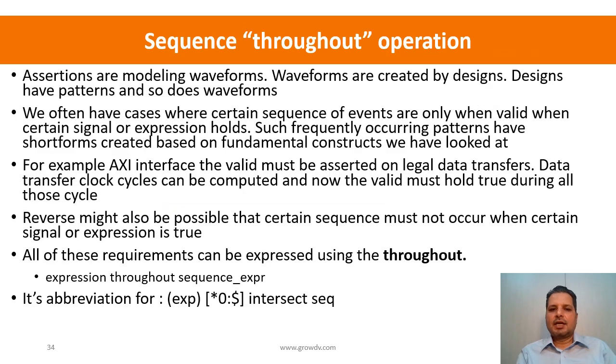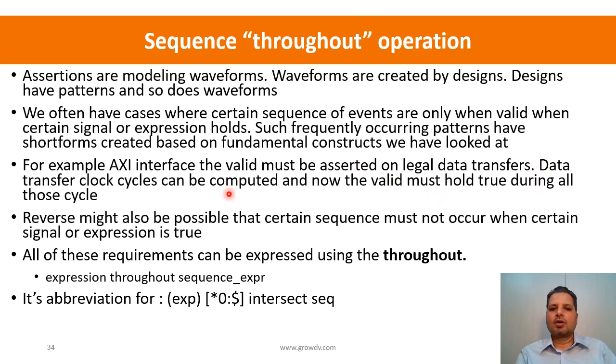We have seen that assertions are nothing but waveforms, and waveforms are created by your design, and various times the design has certain patterns that need to be checked. One such popular pattern is that a certain expression or sequence of events is valid only when another signal or expression holds true. For example, in an AXI interface, valid must be asserted on all legal data transfers.